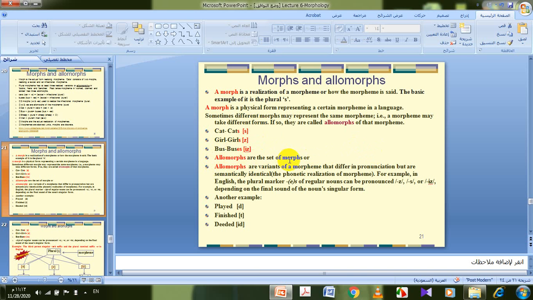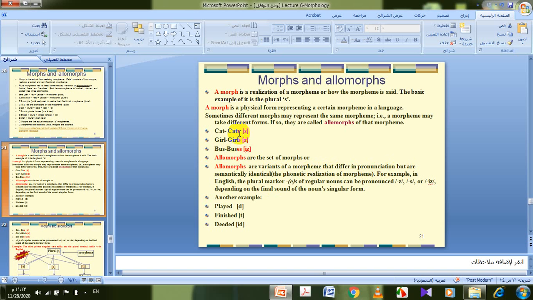The different versions of the same morpheme are called allomorphs. So allomorphs are variants of a morpheme that differ in pronunciation but are semantically identical.